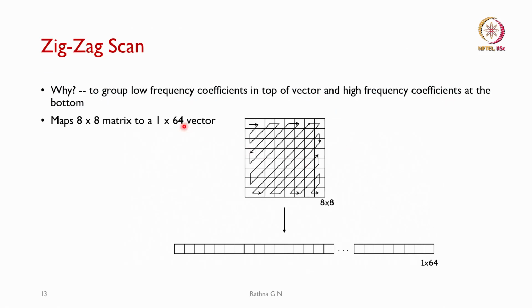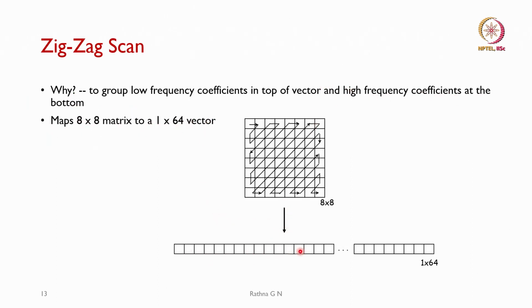So, after coding we have to do the scanning. Why do the scanning? Because in this 8 by 8 block we have represented different values, and then we have done the quantization. Low frequency coefficients are at the top of the vector, and high frequency coefficients are at the bottom. So, this maps the 8 by 8 matrix into a 1 by 64 vector.